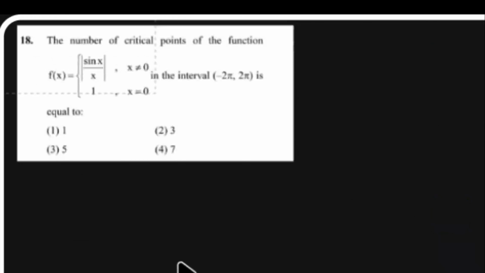Next question. Given that f of x is equal to mod of sin x by x, where x is not equal to 0. The limit as x tends to 0 of mod of sin x by x is equal to 1 because it is a modulus.